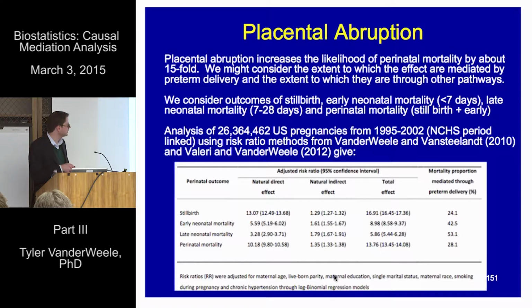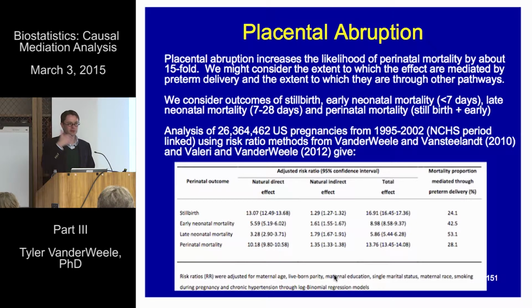And what we see is relatively large direct effects for each of the outcomes. Still fairly substantial indirect effect risk ratios. Fairly large total effect risk ratios, close to 15-fold again for perinatal mortality, the total effect. And the proportion mediated is given in this column here.